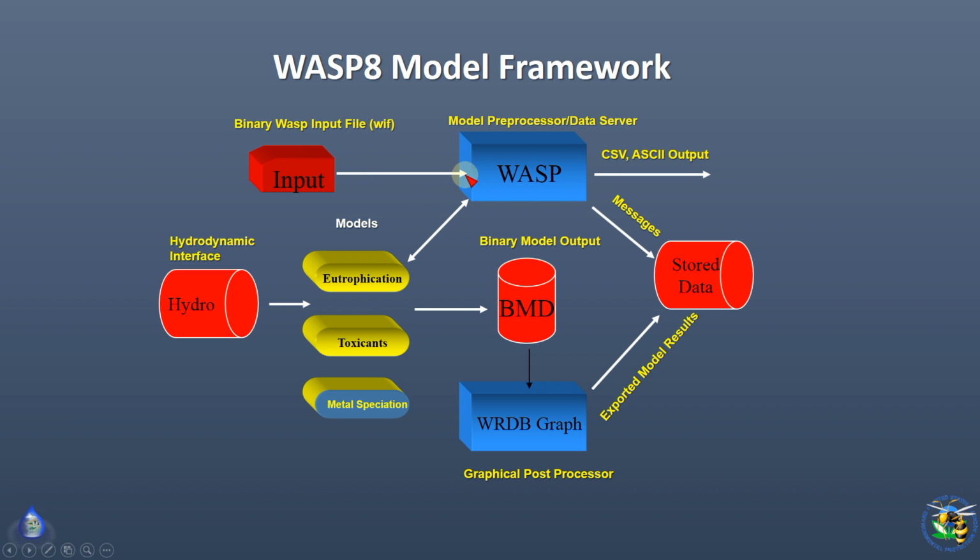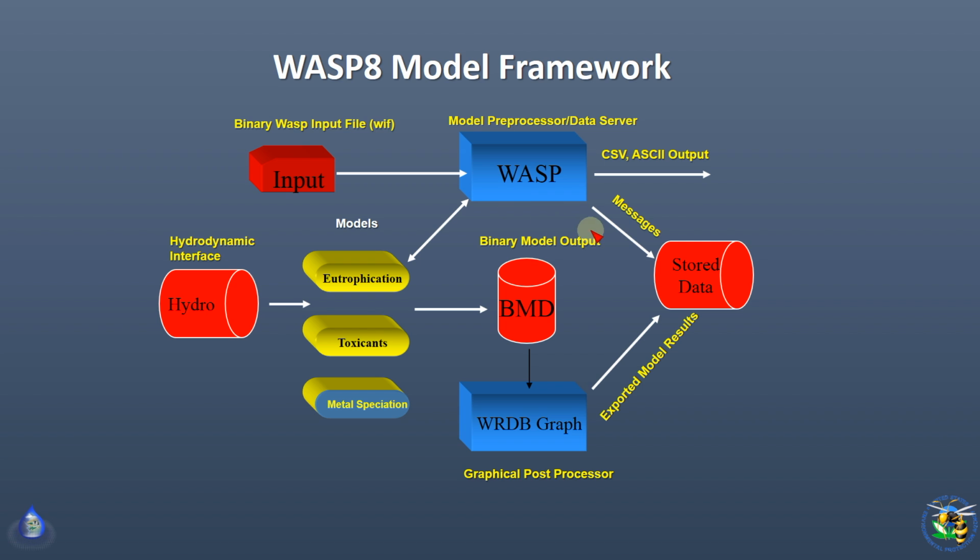But once that information is in the interface and is set for a specific model type, when you hit run, it actually will load a dynamic link library, which is the specific model. So if you're developing a eutrophication model, all of your input in the preprocessor will be configured for the eutrophication model.